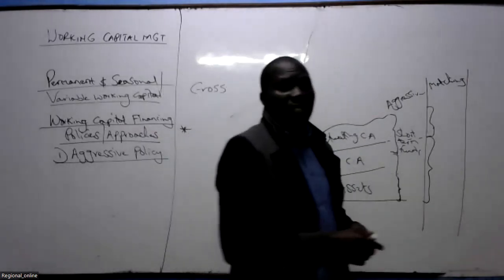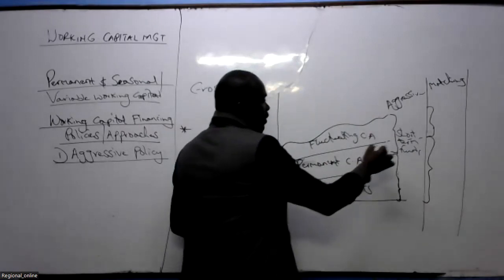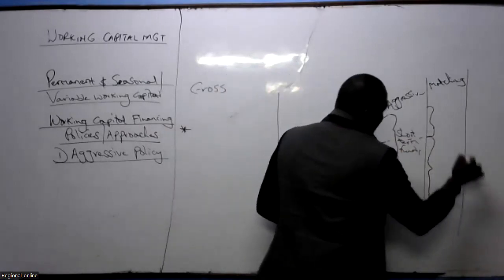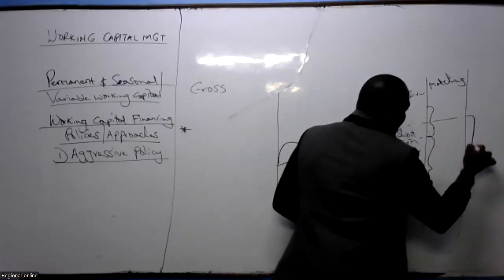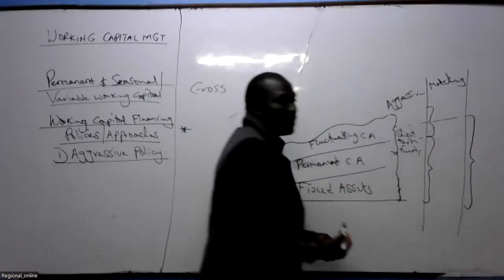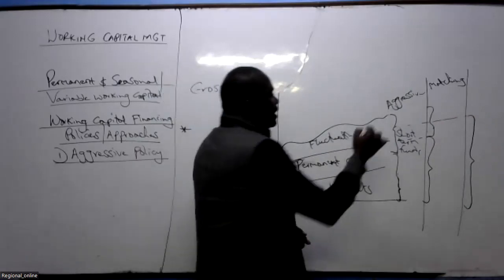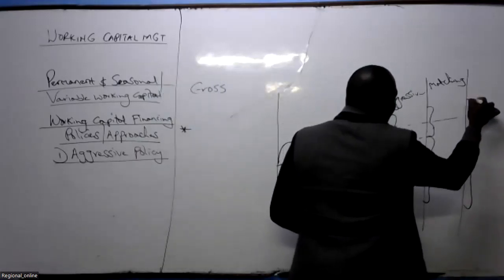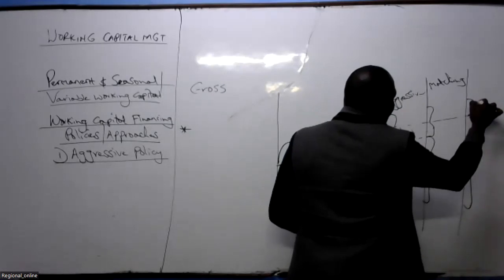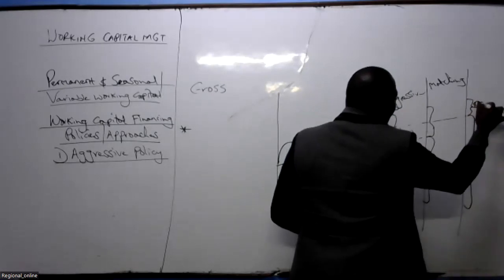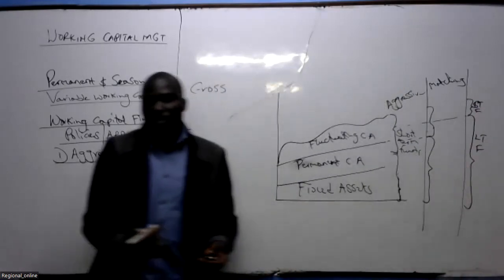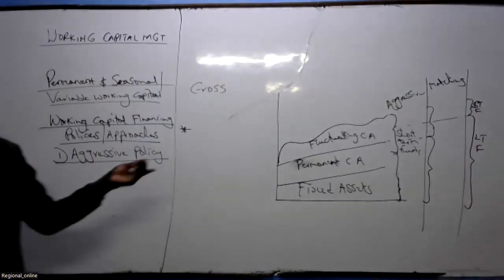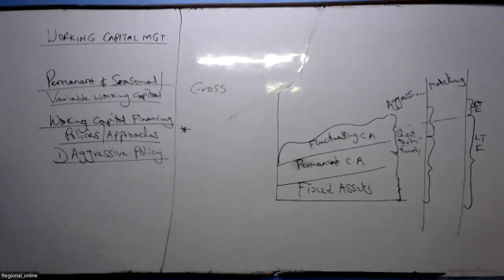So you shall use the long-term funds to finance the long-term assets, and even part of the fluctuating assets. So there you have the long-term financing. Then the remaining part, only up there, will be financed by the short-term funds. It's simply the opposite of aggressive. So that one is in the notes.